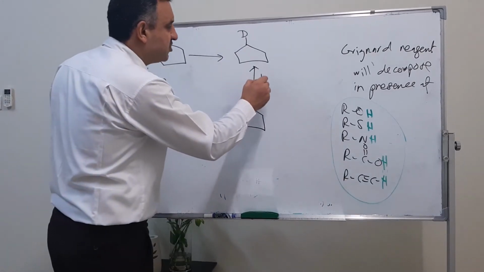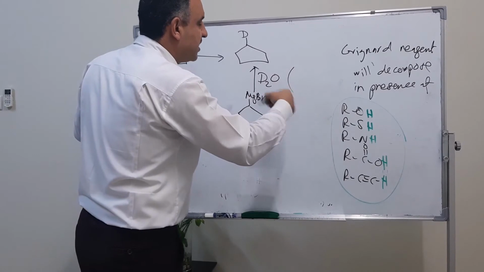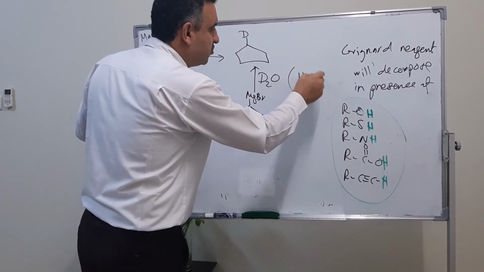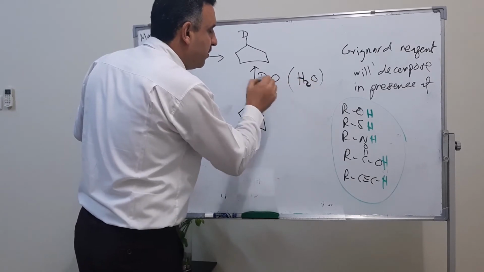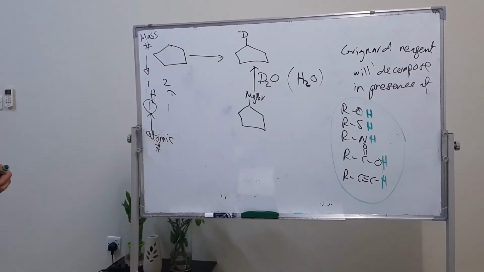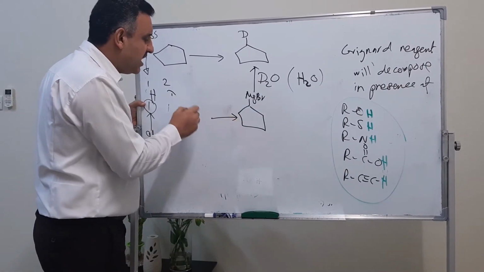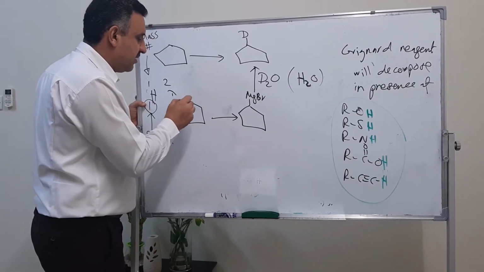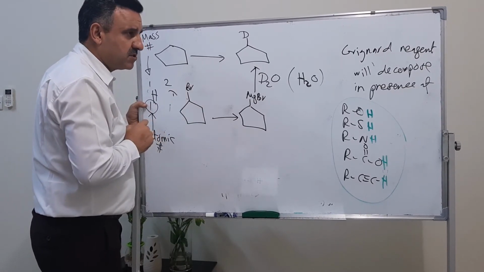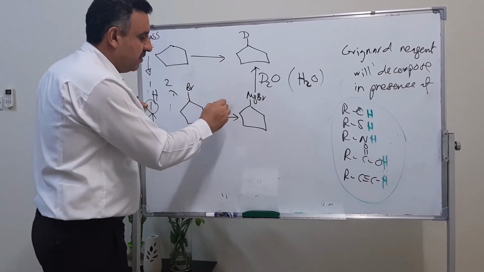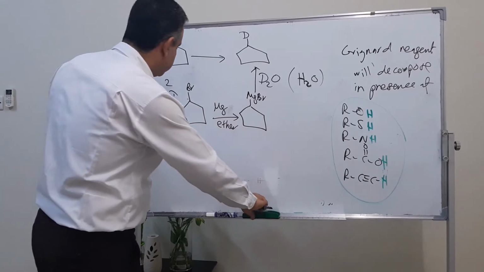So if we allow this to react with D2O, which is simply like H2O, but instead of hydrogens we have deuterium as the isotope. Now, how to prepare any Grignard? Any Grignard can be prepared from the corresponding alkyl halide when reacting with magnesium in the presence of ether or THF.